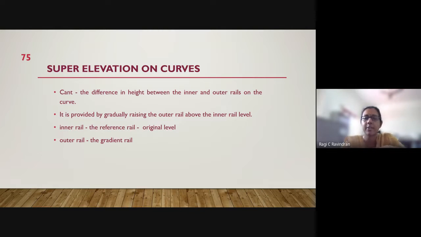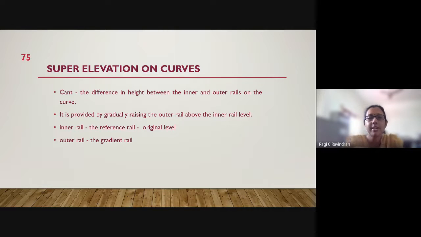Okay, when the railway track is running in a straight stretch and suddenly you need to negotiate a horizontal curve, as per your alignment you need to design your track accordingly, right? So you'll be maintaining the level of the inner rail as such, keeping it as the reference rail, and slowly the outer rail will be raised gradually above the inner rail in such a way that at the center of your horizontal curve, you will reach the exact cant.